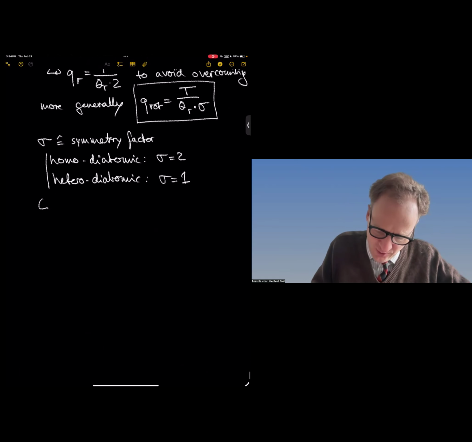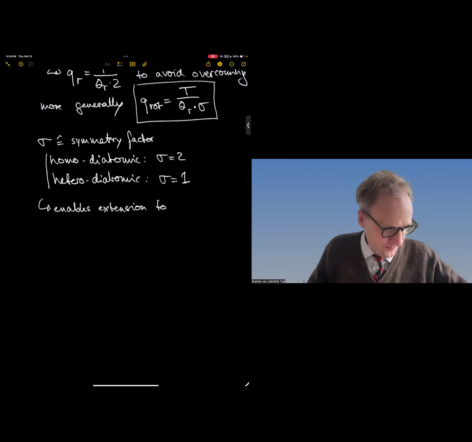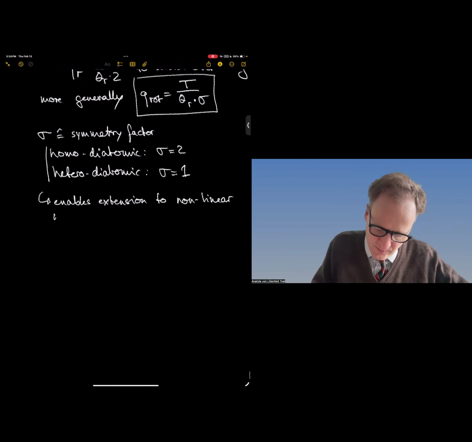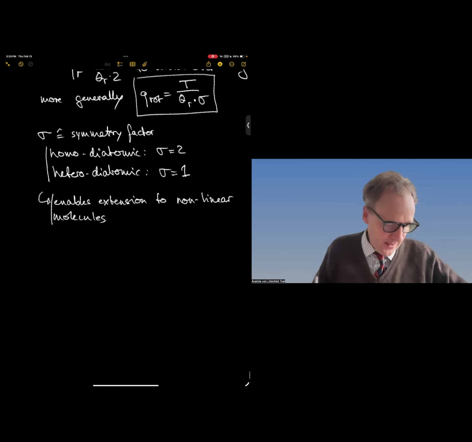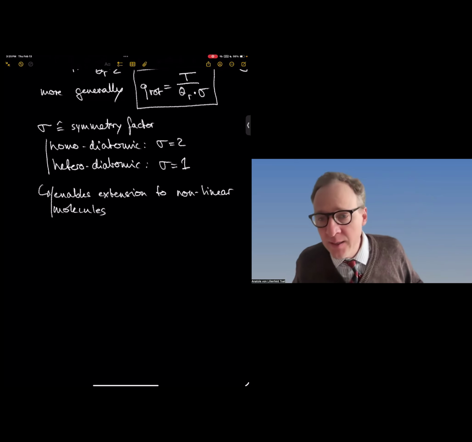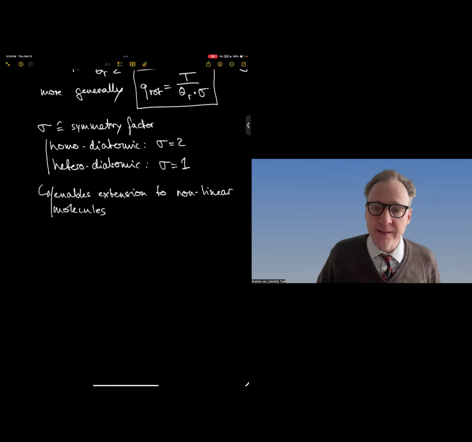So this also enables extension to nonlinear molecules. And the symmetry factor, you will find it also listed in the spectroscopic tables of molecules.